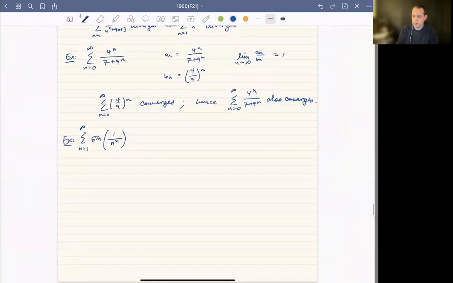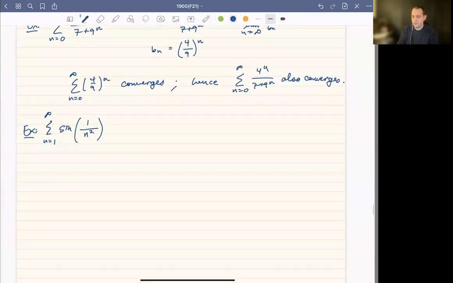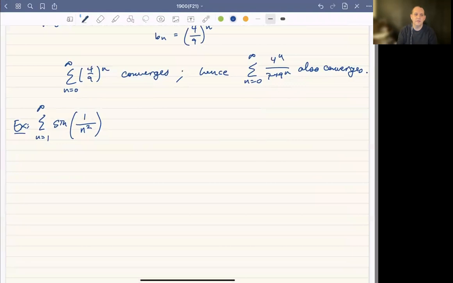And what I want to think about is what's something that we can compare to sine of 1 over n squared. And as usual, our a sub n is going to be the value in our series that we're looking at. Our b sub n here is going to turn out to be 1 over n squared.